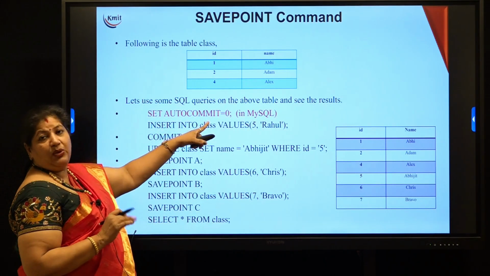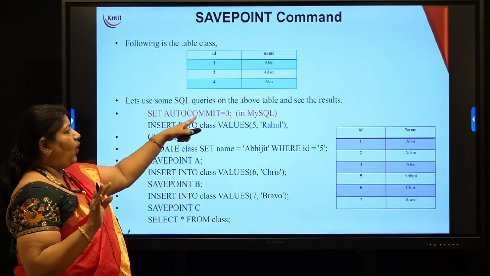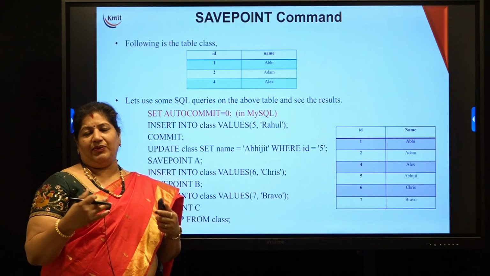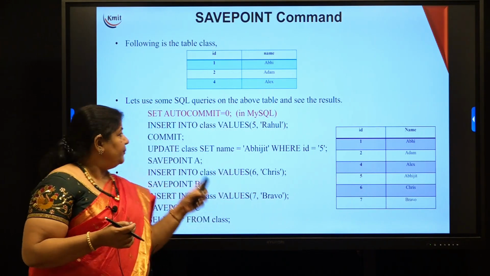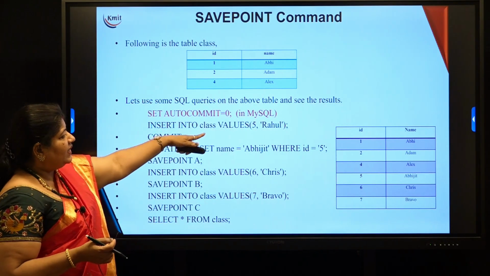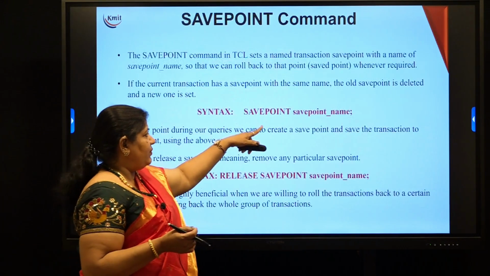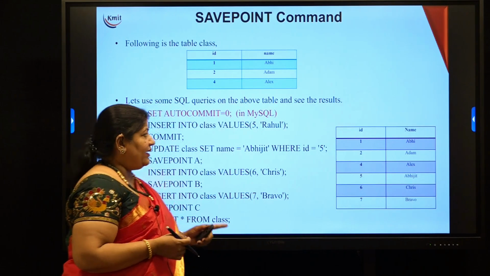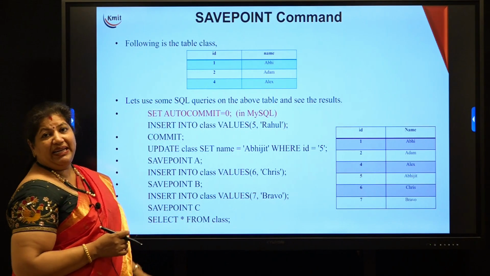Remember, in MySQL you just need to use SET AUTOCOMMIT = 0 in order to make these transactions work. Now let me insert a record with ID 5 and the name Rahul into that table. Now I will commit here.